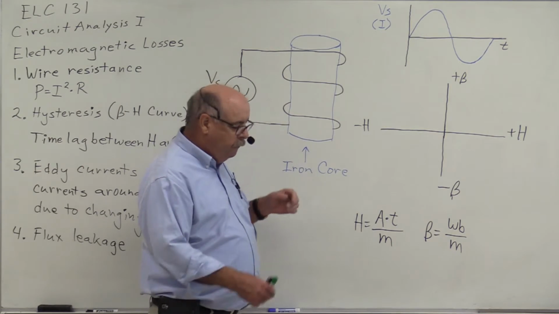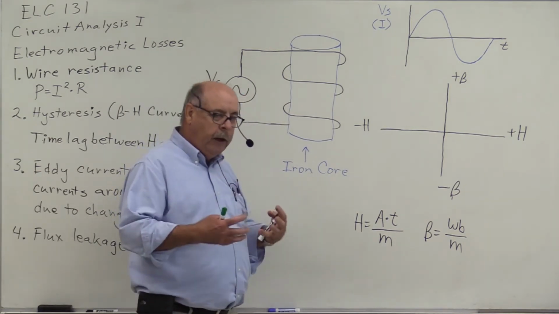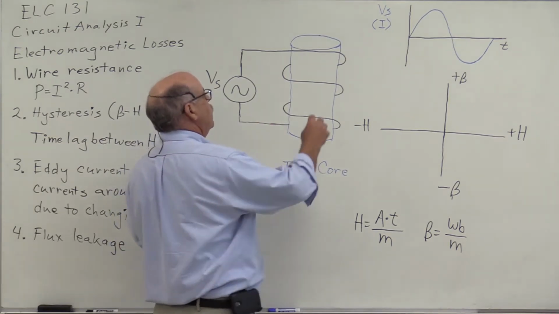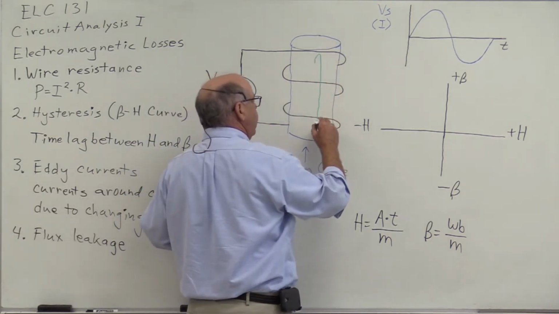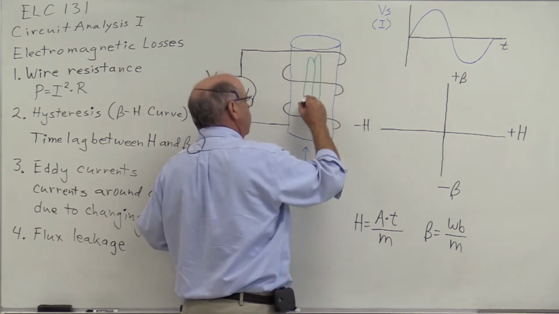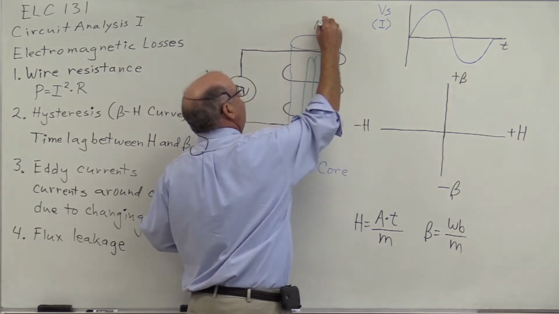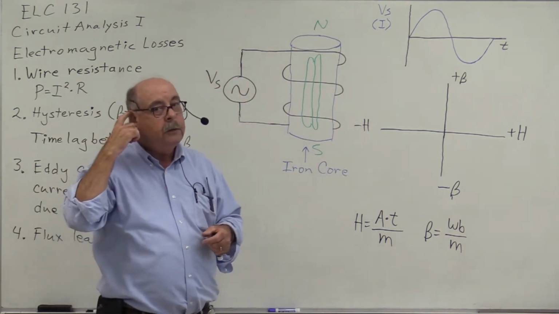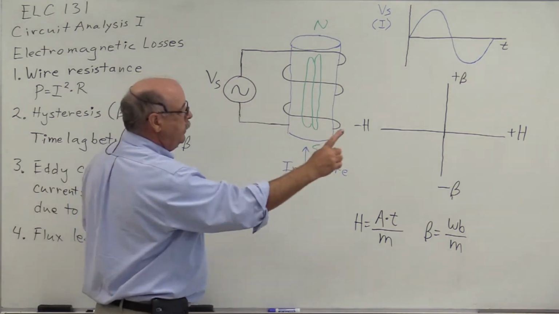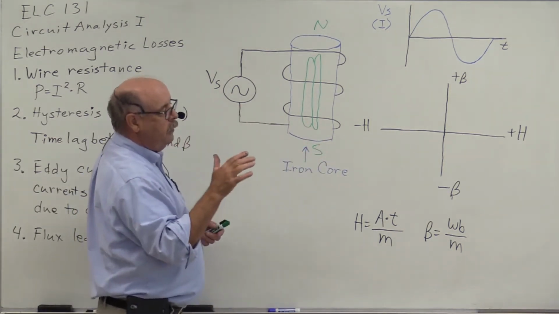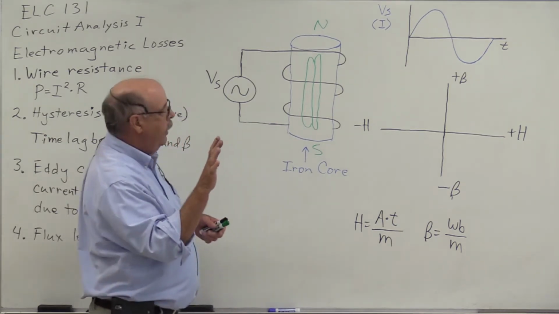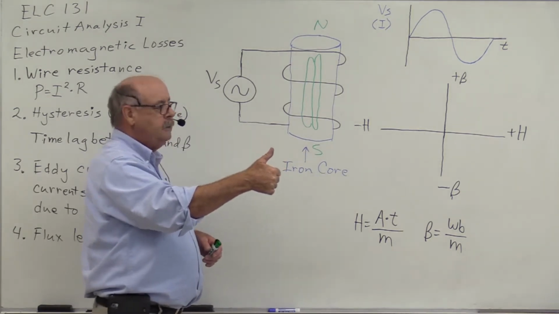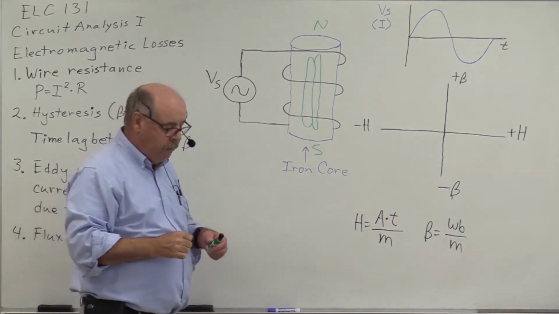Now, when current flows, we're going to create a magnetic field inside the core. This magnetic field will have north to south poles as shown, because of the direction of the windings and the direction of current. Remember the right-hand rule: we wrap our fingers around the coil in the direction of the windings, and our thumb points to the North Pole.